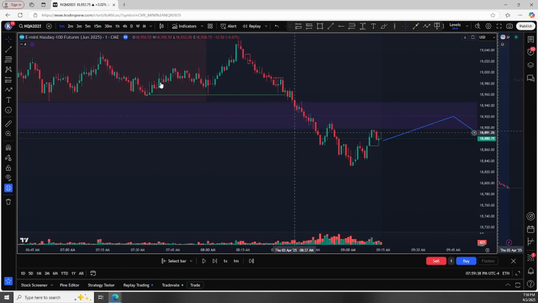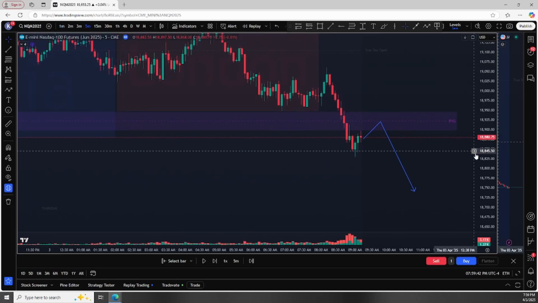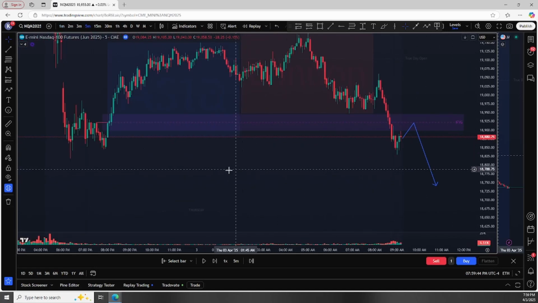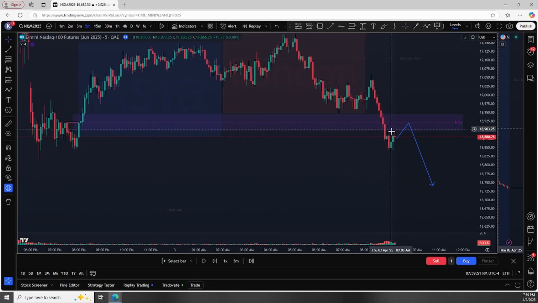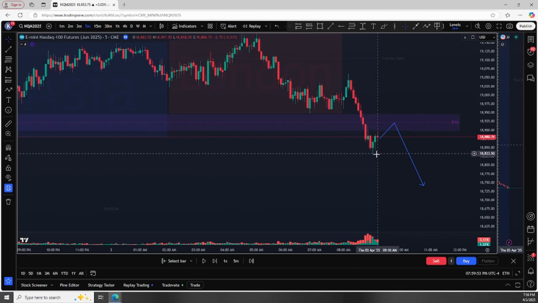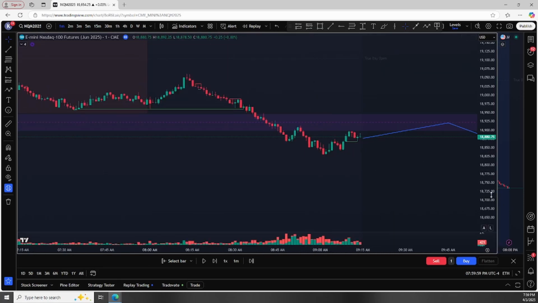We can do it with whatever, right? So let's go to the 5 minute too. Let's see what the 5 minute is telling us. So the 5 minute just inversed that gap too, same thing, and it's kind of pulling up into it. So yeah, I'm looking for this to get respected and probably go take out these lows. That's what I'm looking at for right now. That's what the time frames are telling me.